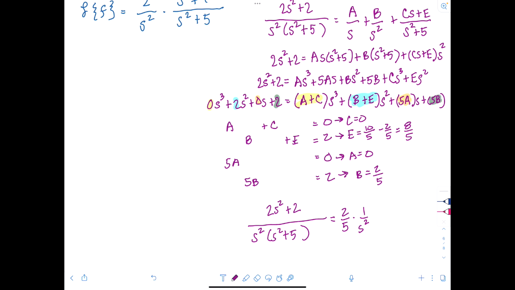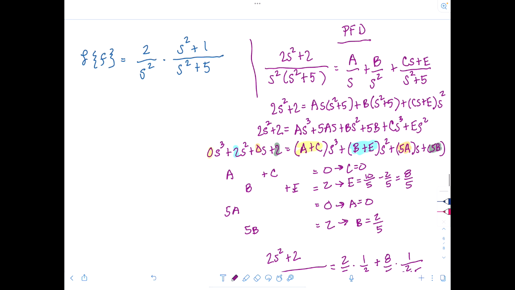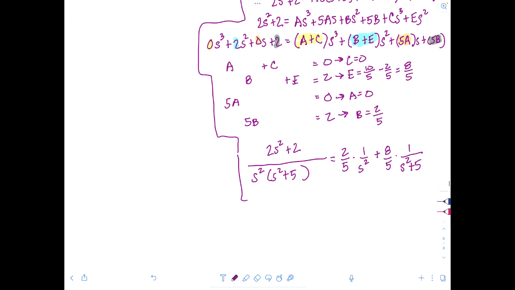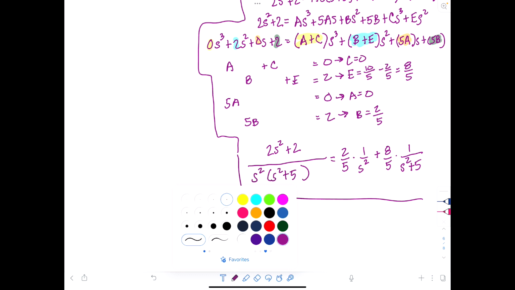C zeroed out, so E was the constant part of that one. So we'll have plus 8/5 times 1 over s squared plus 5. All right, so now that that is all done, joy, joy, we can continue.